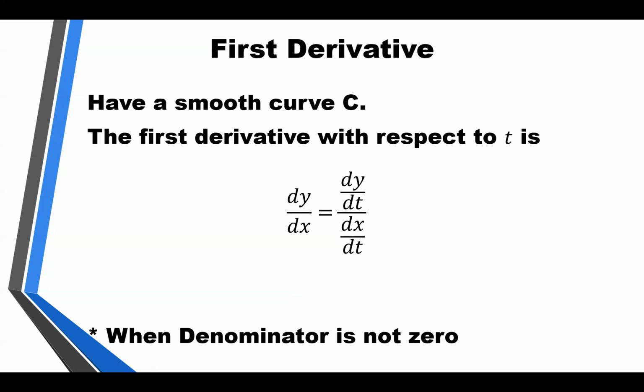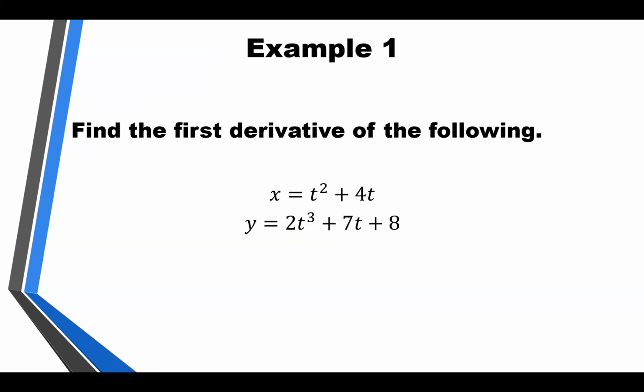So if I want to find dy over dx, that's essentially the slope of our tangent line in rectangular form. Then I can just do the derivative of y with respect to t divided by the derivative of x with respect to t. Let's take a look at this example.